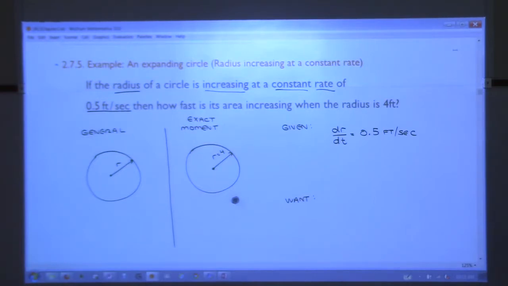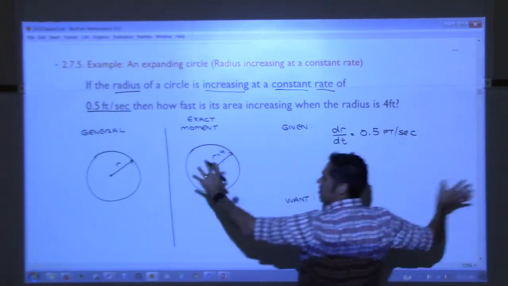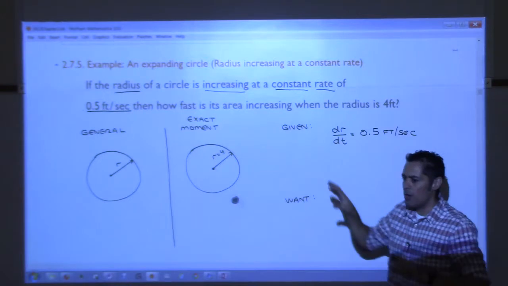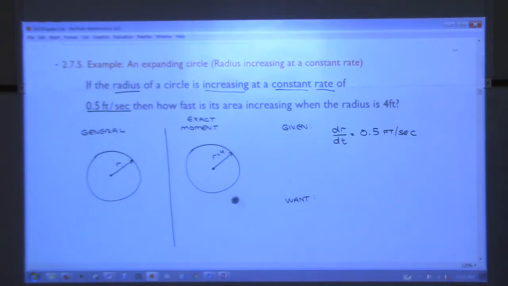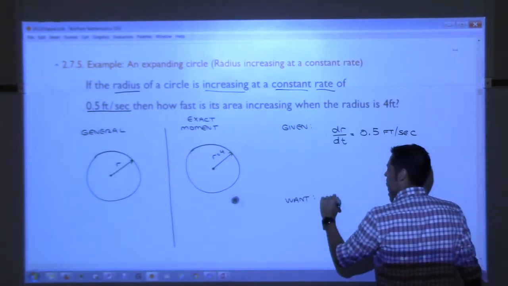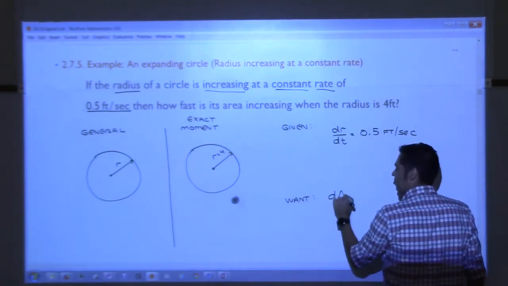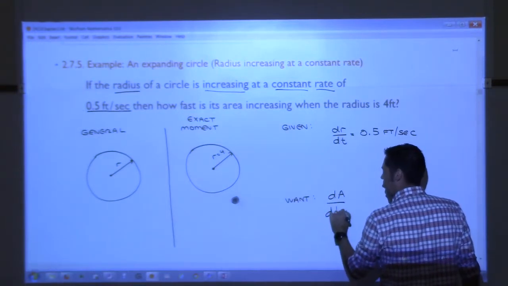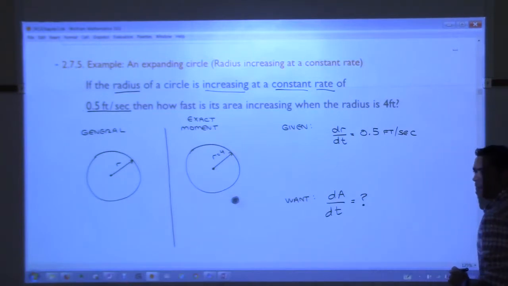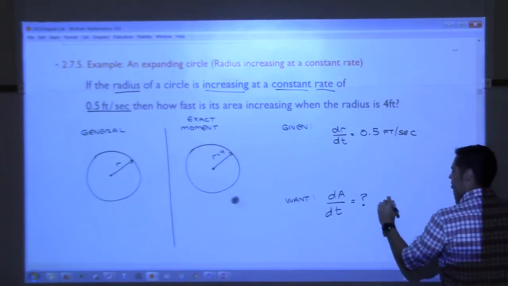What else am I given? Or you know what? Let me ask you, what do you want? You don't have to do any of these in any order. You can mix and match, plug and play as you go. Do you know what you want? How fast the area is changing with respect to time. So I want dA/dt, don't I? That's what I want. But I want that when?